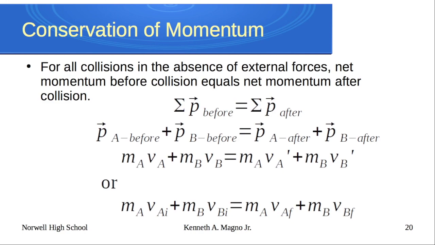But what happens is it just changes what object it's in. So if before the collision all the momentum was in one object, after the collision it could be shared between both. Or if there was some momentum in A and some momentum in B, after the collision they kind of share it a bit. So think of it almost like bank accounts in some ways.